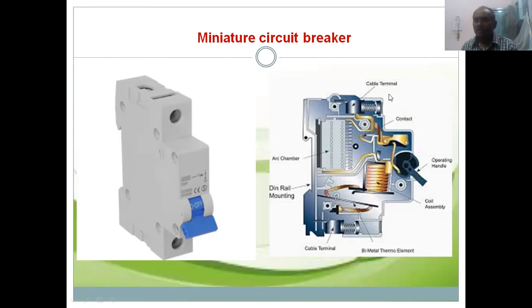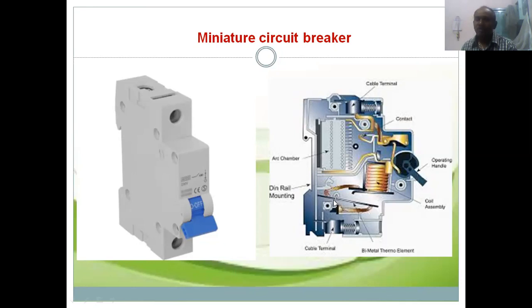Under normal conditions, the current flows through the bimetallic strip. Under normal conditions, no excessive heat is developed in the bimetallic strip, so it does not bend. When a fault current occurs and heavy load current flows, the current through the bimetallic strip increases and heating takes place.